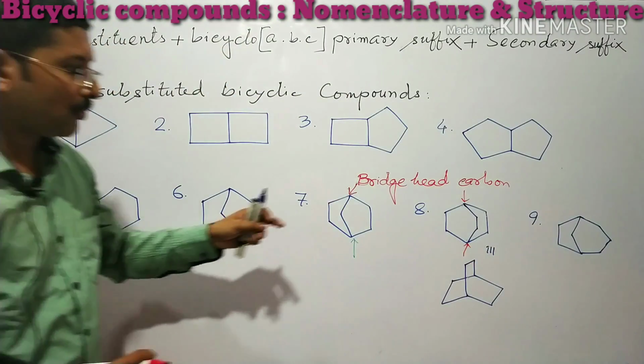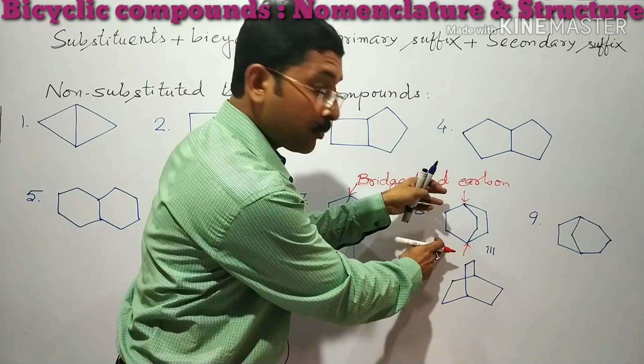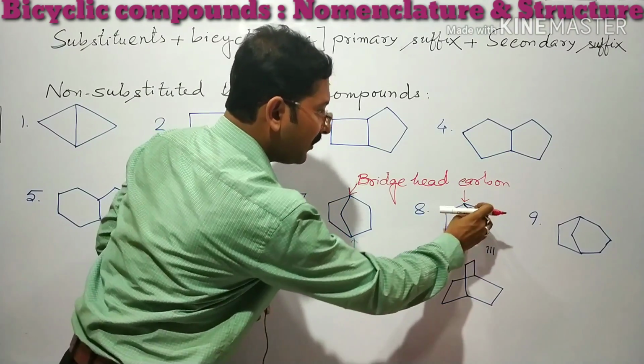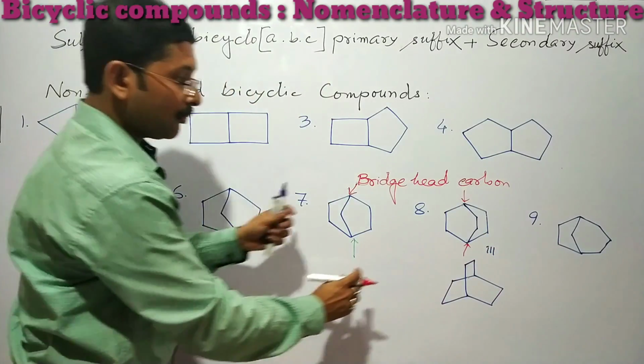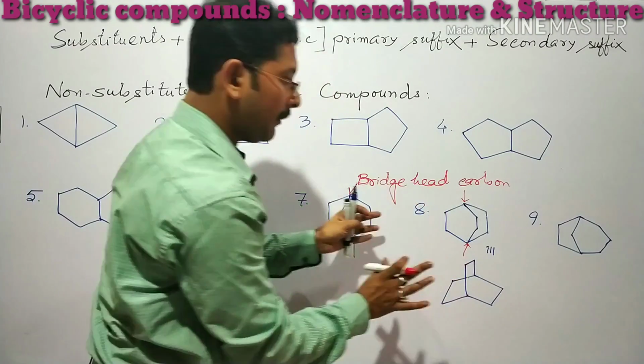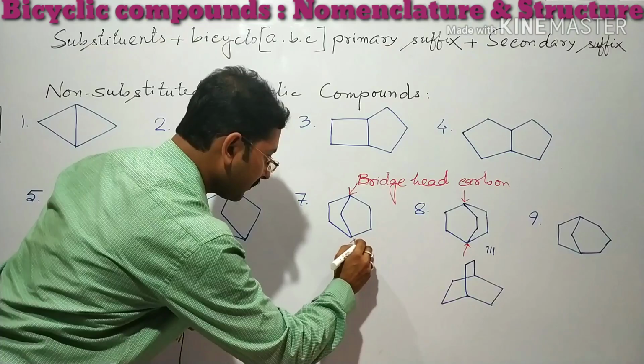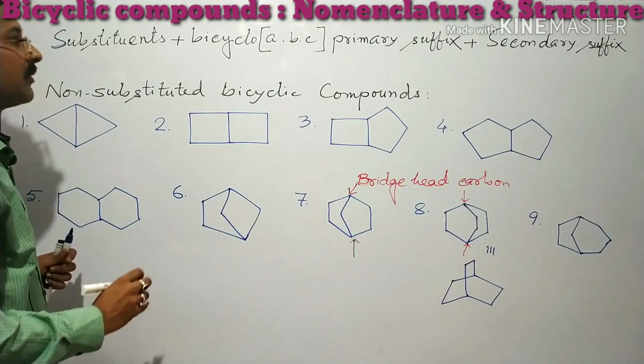Because these two carbons are situated at the bridgehead position. Look at here, this is a bridge, this is again a bridge, this is again a bridge. So these two carbons are the bridgehead carbons.